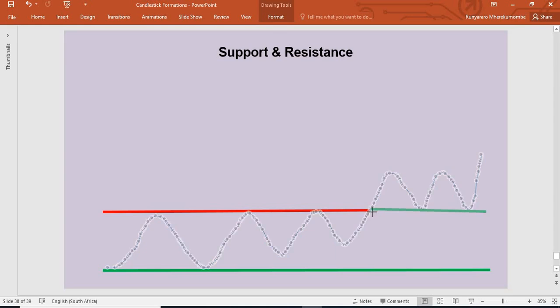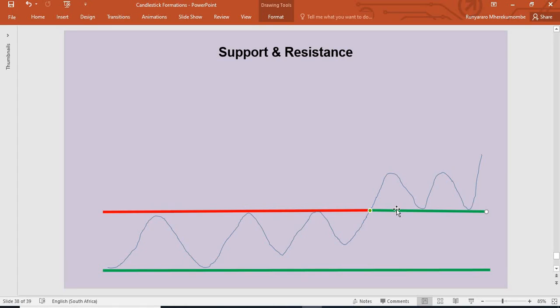So as you can see, our green line represents a support line. So here we had a resistance line, then it was broken, then price came down and tried to break through again, it couldn't. Tried again, it couldn't. So now we are saying we have a support line forming here. There it was a resistance line, now it has become a support line.